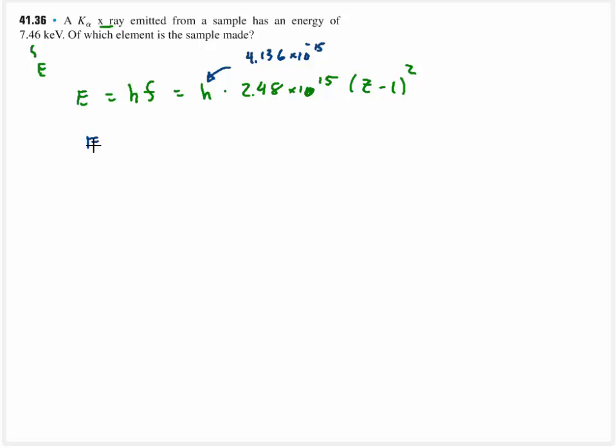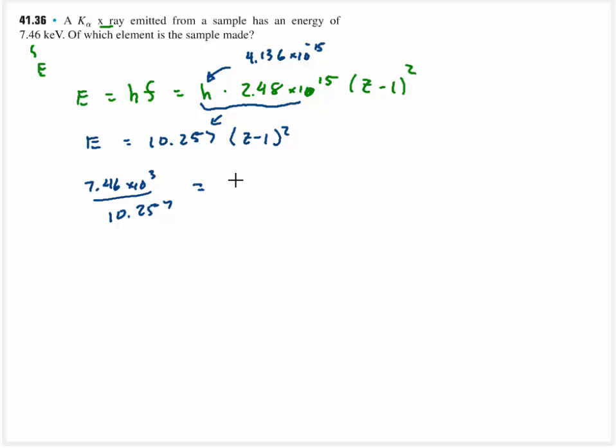Then my energy is going to be equal to 10.257 multiplied by Z minus 1, quantity squared. I just combined those into that number right up there. And since my energy is 7.46 times 10 to the third electron volts, I can say 7.46 times 10 to the third electron volts divided by 10.257 is equal to Z minus 1, quantity squared.